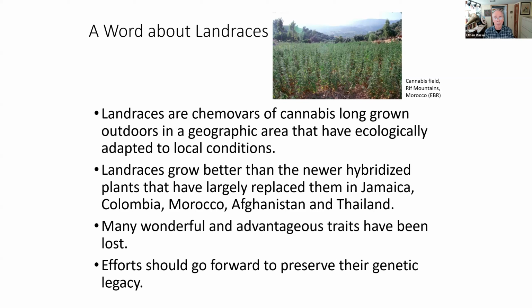Along the way, many wonderful and advantageous traits have been lost, and it's hoped that efforts will go forward to preserve this genetic legacy, which might include disease resistance as well as a broader profile of therapeutic ingredients.